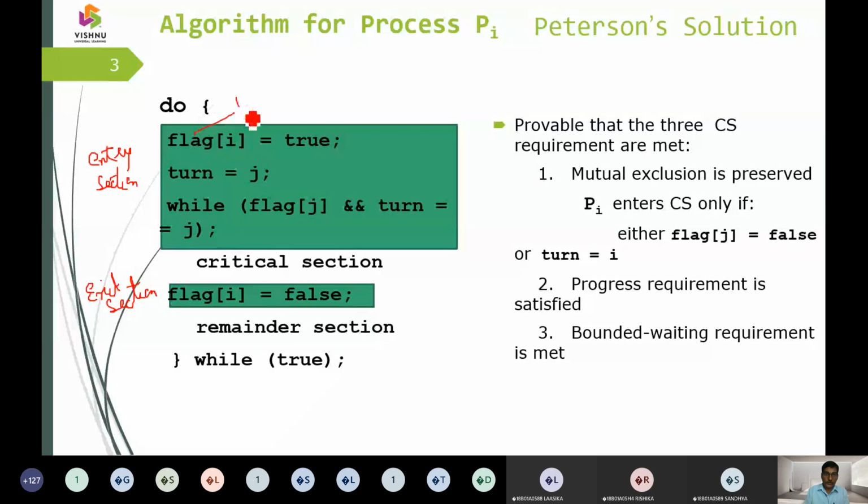The flag value we defined as a Boolean data type, and turn we defined as an integer data type. When it is Boolean, we emphasize one is the true value and the other is the false value.